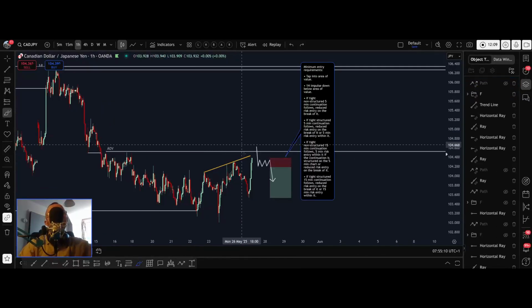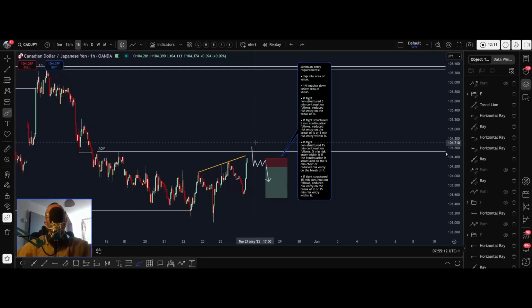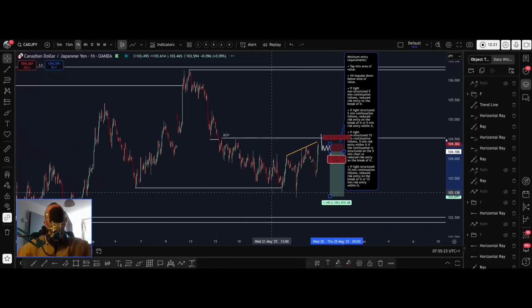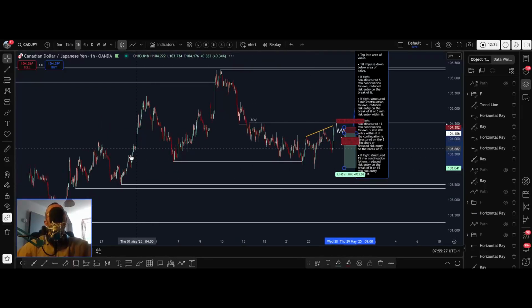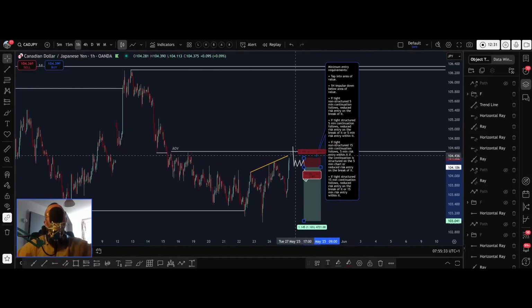Okay, so a little push down, you can see we're moving up to that area now, tap into that area, something like this on any 5 minute or above time frame, and then I would look to target that low as a first inflection point. And I personally think that if we tapped out all of that liquidity, we're then likely heading down to the start of this correction, which this low near missed too, and that would be where I would be targeting.